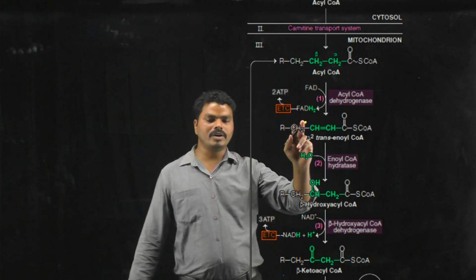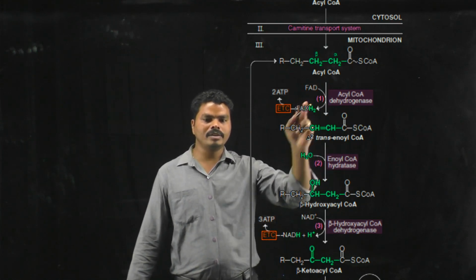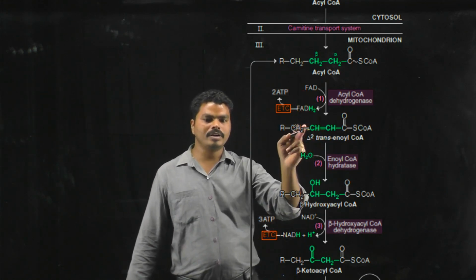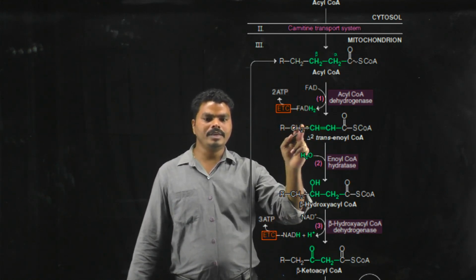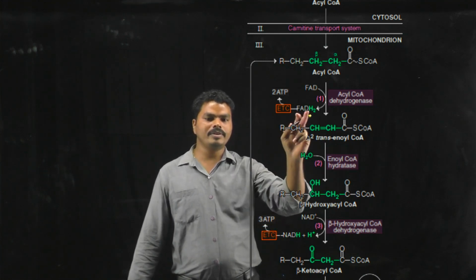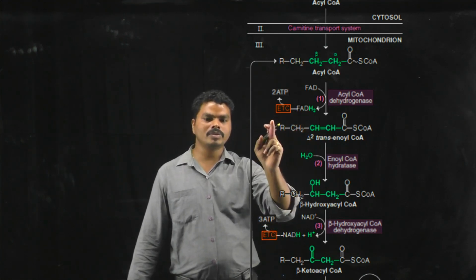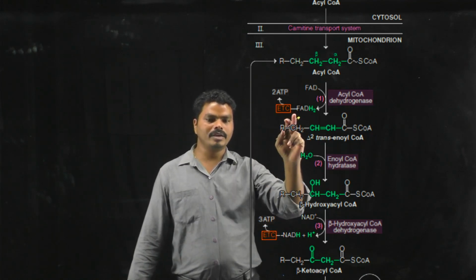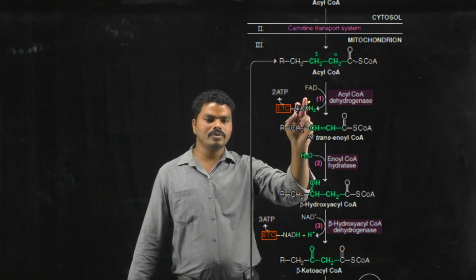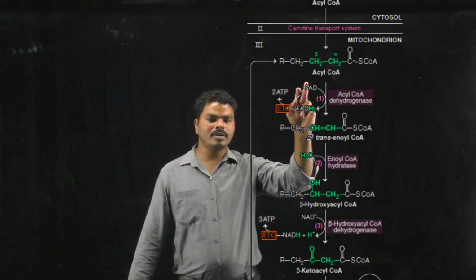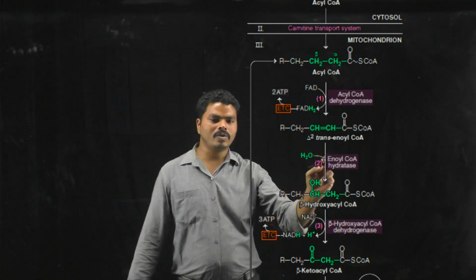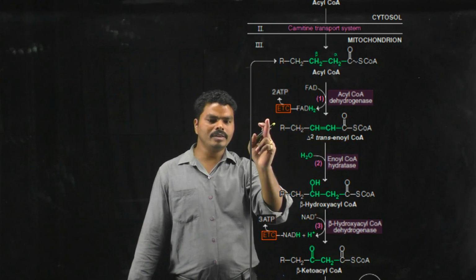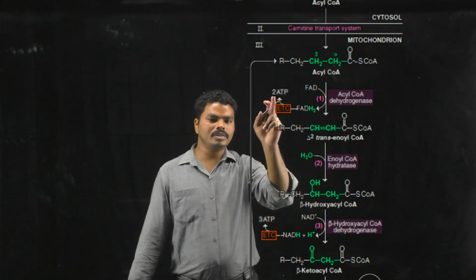For this process, it utilizes 1 FAD, so the FAD will be converted into FADH2. This FADH2, produced during the conversion by acyl-CoA dehydrogenase, will enter the electron transport chain and produce 2 ATPs.